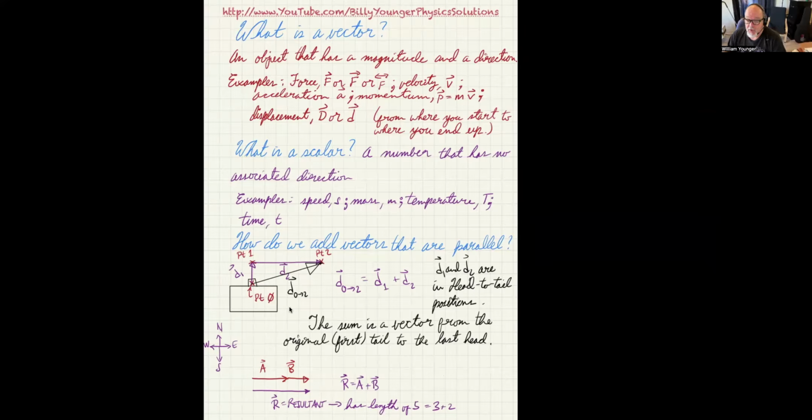You add the magnitude of one parallel to the other, and then you add the length of the second one that's parallel to the first one, and that gives you a new total. That's the total length of the sum of the two. And since the direction for each of those are both to the right in this case, then the total vector should point to the right. So you just add the two magnitudes when they're parallel, and you take the direction that either one had as the direction.